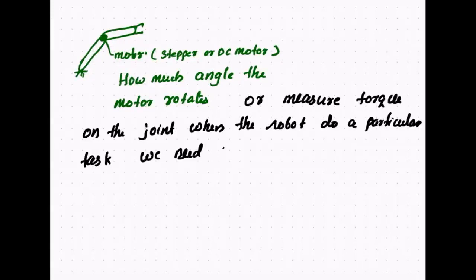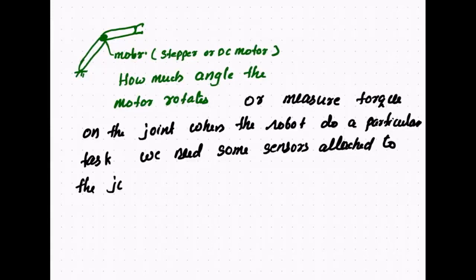Force sensors, torque sensors, displacement sensors, etc. are typical examples of internal information collection sensors in robotics.